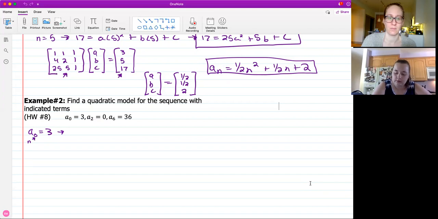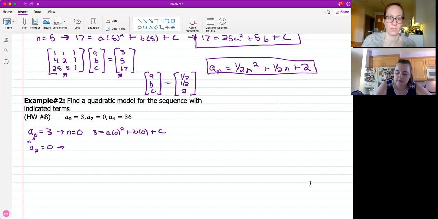So we have n equals 0, and we can write an equation as 3 equals a times 0 squared plus b times 0 plus c. And then we can do the same thing with a sub 2 equals 0.